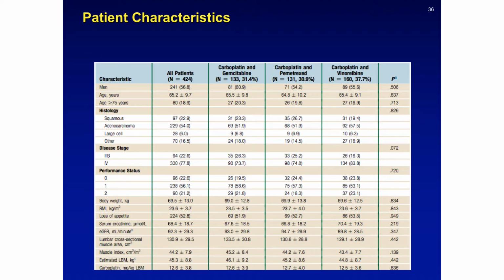When that 424 were looked at, whether they were treated with gemcitabine and carboplatin, pemetrexed and carboplatin, or vinorelbine, they were indistinguishable from each other.